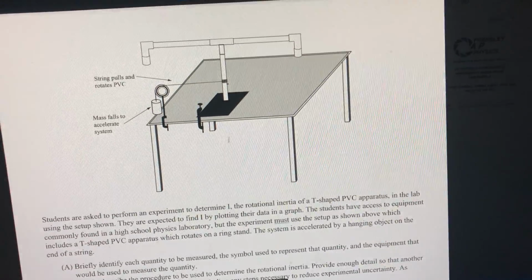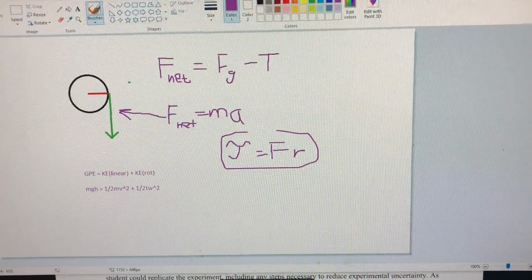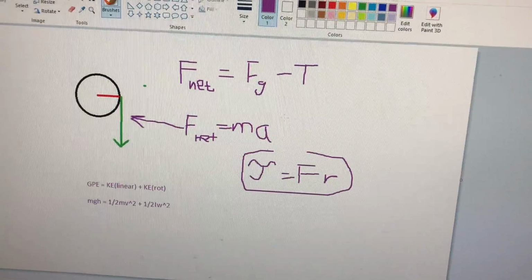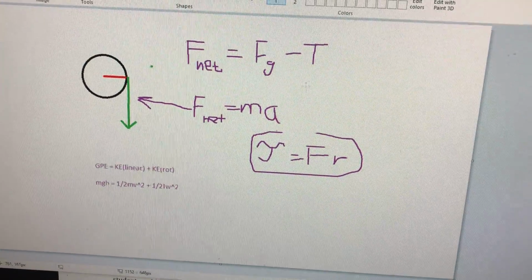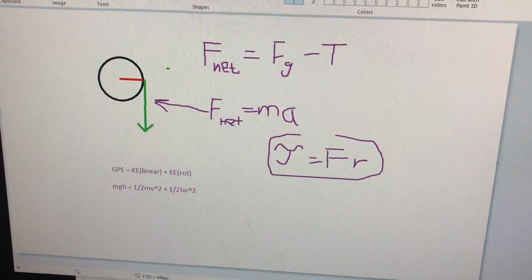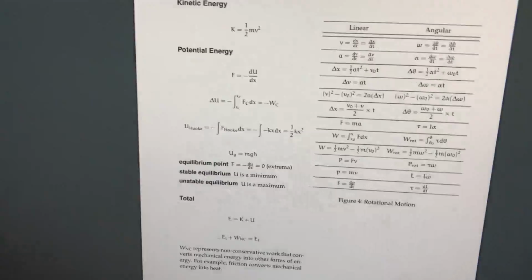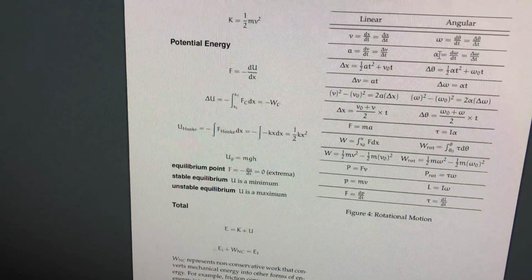We found the linear acceleration using our kinematics equations. So if you measure that height and you measure the time it takes to go down, your angular acceleration, going back to this linking table, angular acceleration.